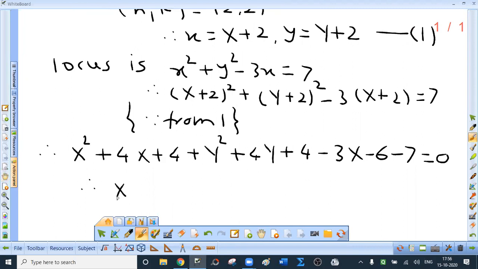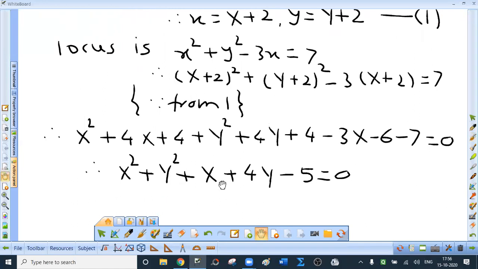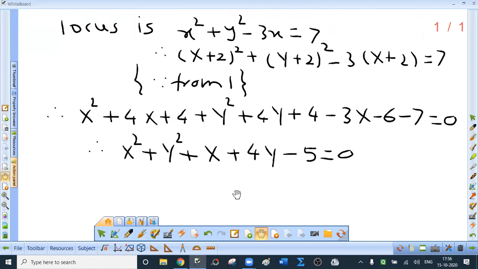Therefore, capital X square plus capital Y square plus x plus 4y minus, it will be what? Minus 5 equal to 0. This is the new equation.